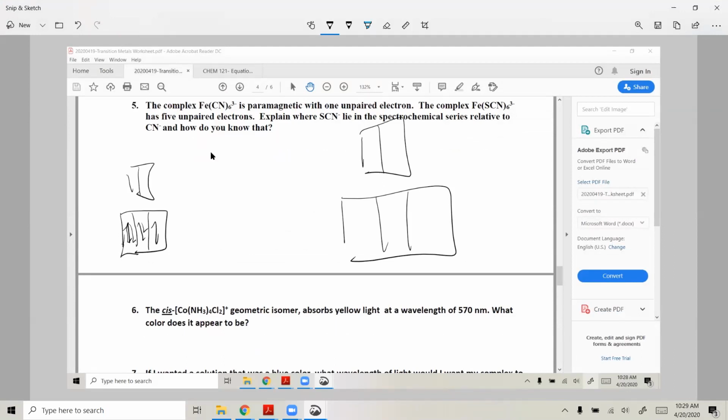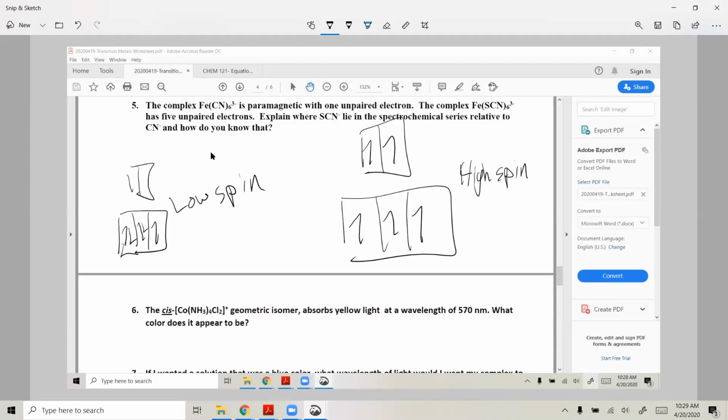Sorry, not a D6. It should be a D5. There we go. Let me try to clean this up a little bit. Versus the other D5 looks like this. So we have 5 unpaired electrons versus our 1. So this is our high spin. This is our low spin.